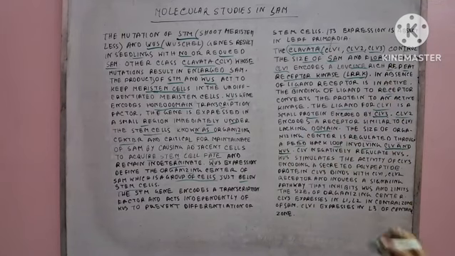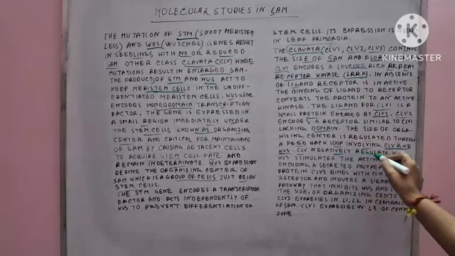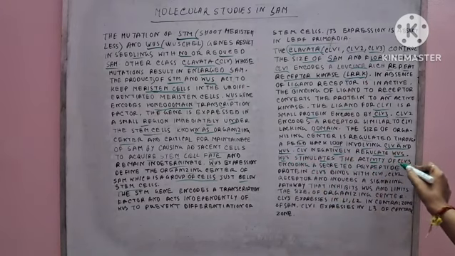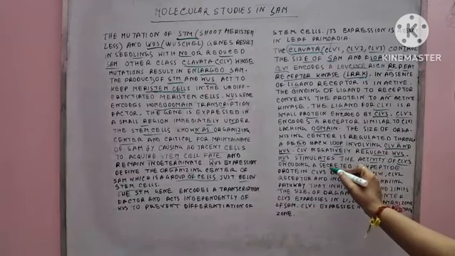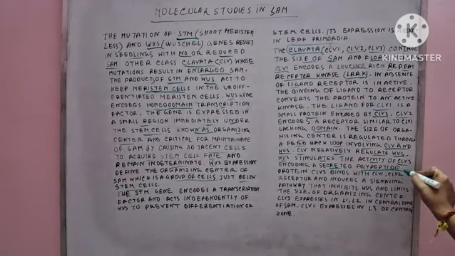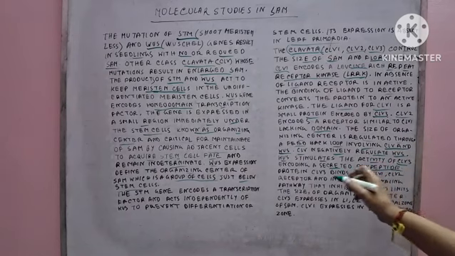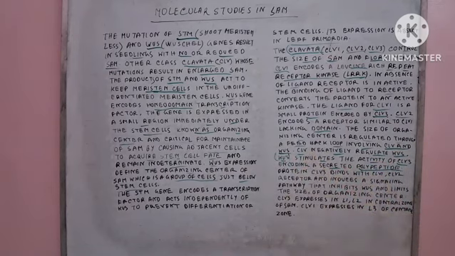Clear? CLV negatively regulates the WUS gene, and WUS stimulates the activity of CLV3, encoding a secreted polypeptide. This is another factor. So its control is dependent on WUS because it stimulates the activity of CLV3.